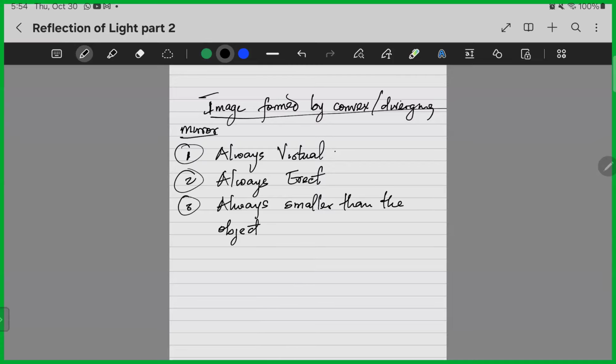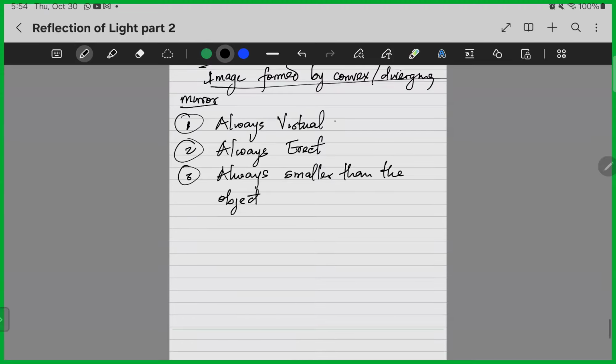So most of the time, this idea of smaller and larger, they call it diminished or enlarged. So when it's smaller, we call it what? Diminished. When it is larger, we call it what? Enlarged. Keep that in mind. When images are smaller, they are called diminished.